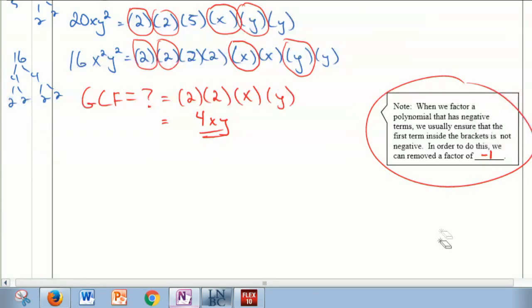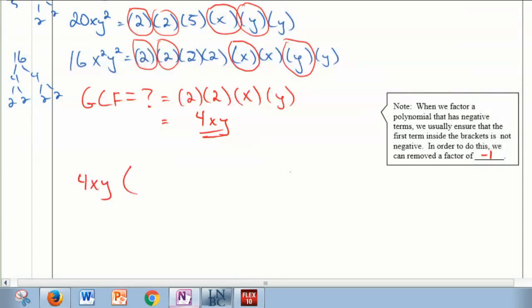So let's maybe look at what this is going to look like. I had my greatest common factor of 4xy. And then I have my 3 terms inside my bracket. 1, 2, and 3. Now I'm saying that this first term, we don't like it when it's negative. It's just kind of one of these math faux pas things, where it's just generally not nice to write the first thing as being negative.